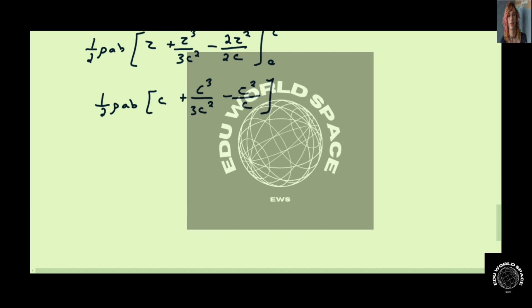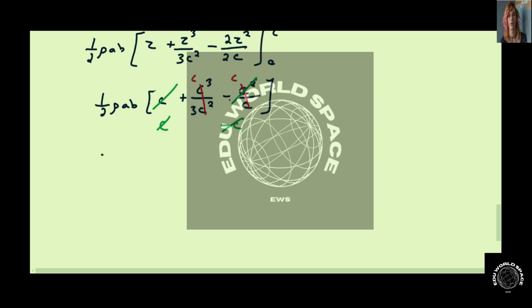And so now what we just have to do is, obviously this cancels, we get c, this cancels, we get c. We have c's all around, but we have a third. So we just have to multiply this by 3 over 3 and 3 over 3. Or, better yet, just notice how this is a c and this is a negative c. So these two cancel each other out. So we're just left with the 1/3.